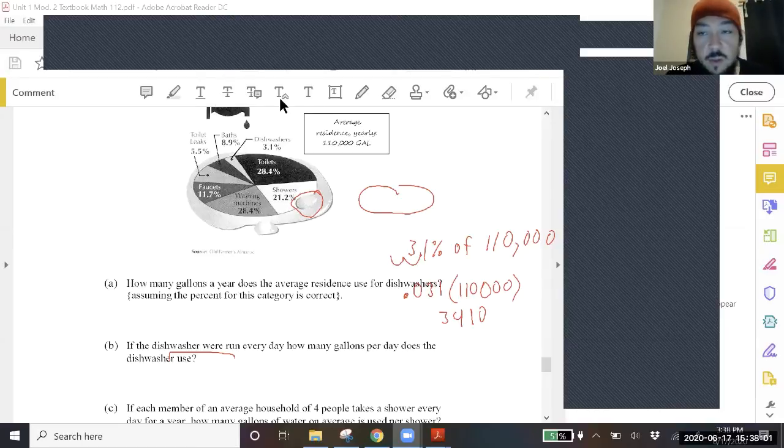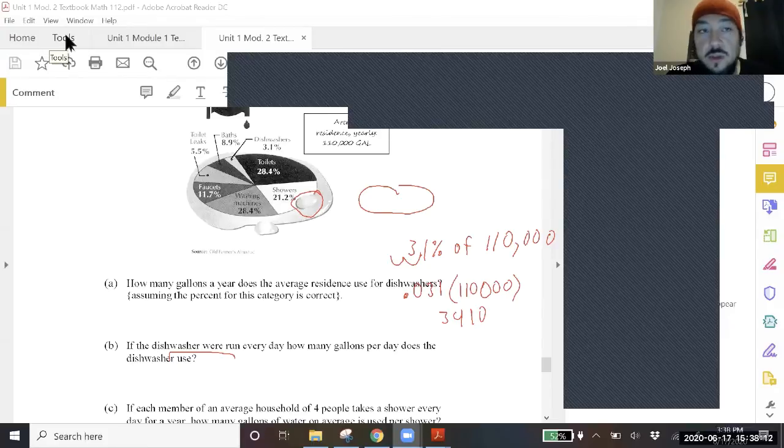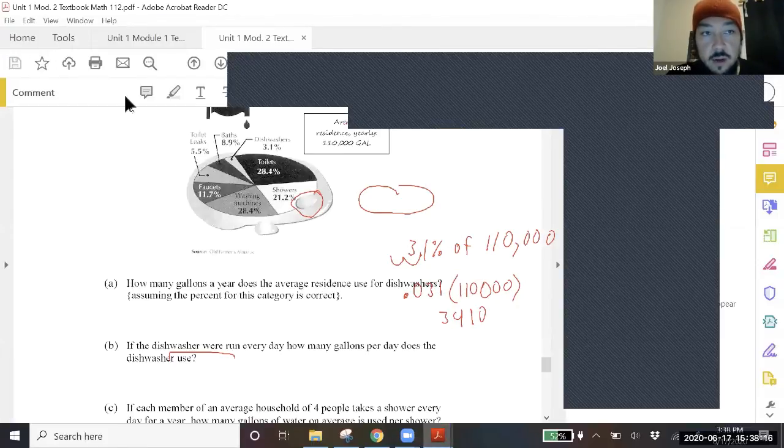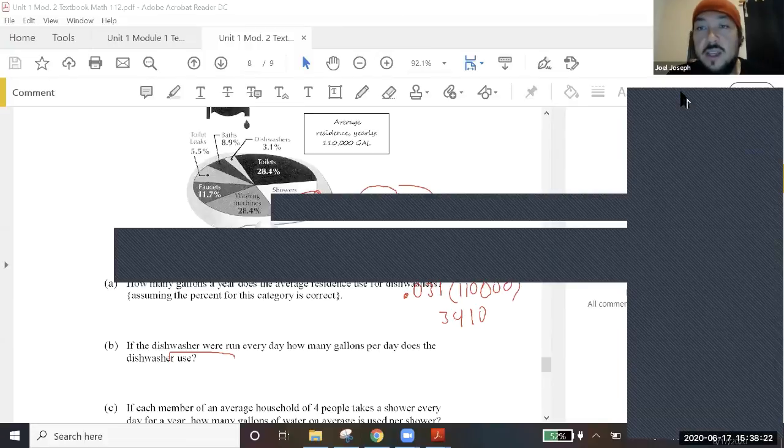So when I open up PDFs, if you go to the right, you can click on comments. If you don't see that comment bar, you can always go to tools. And when you click here, it'll open up this comment bar. With this comment bar, you can actually write onto the PDF and save it. I would keep 2 copies. I would save a blank one and then one that says written on or notes or annotated.